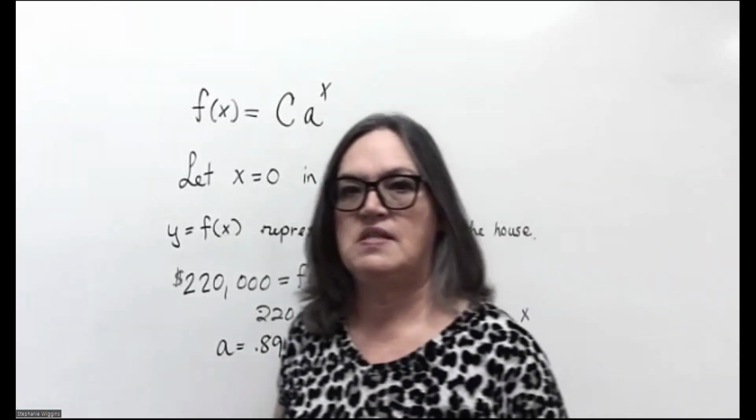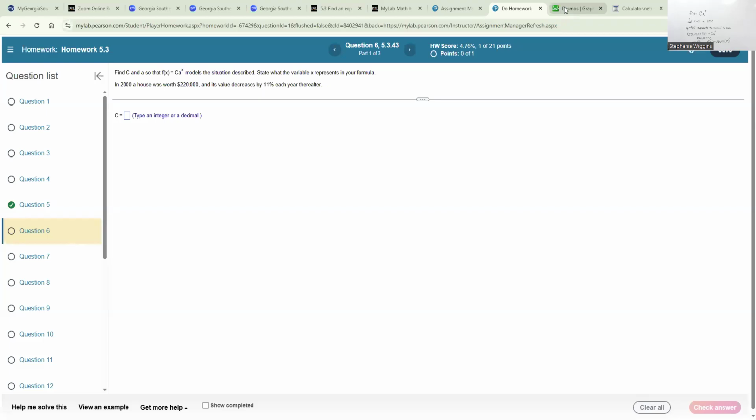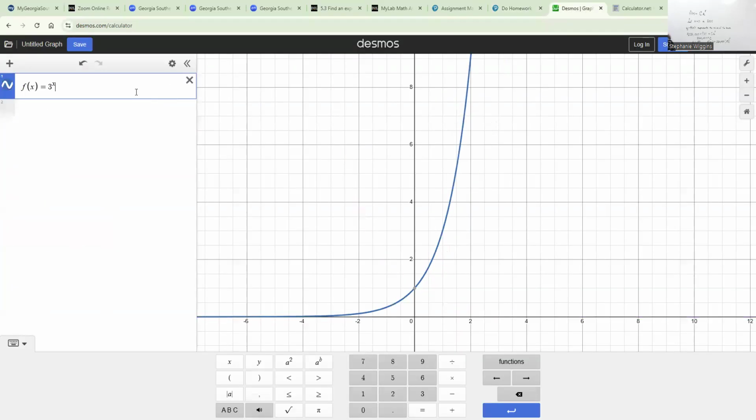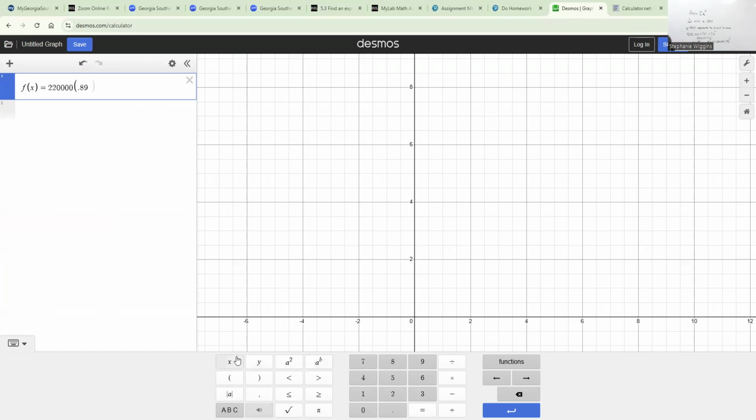And if you graph this in Desmos, let's just do that. So we're going to graph f of x equals 220,000 times 0.89, and then I'm going to raise that to the power of x.